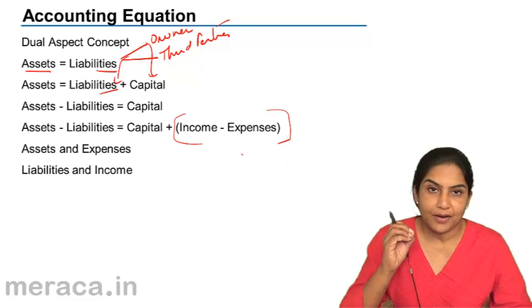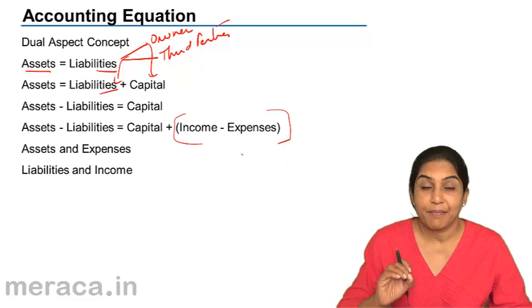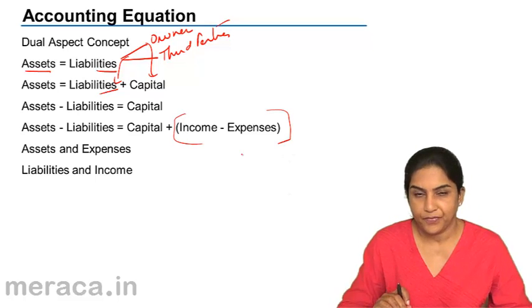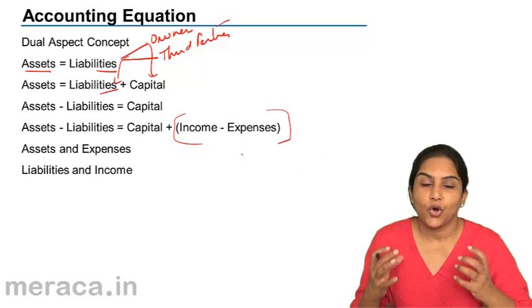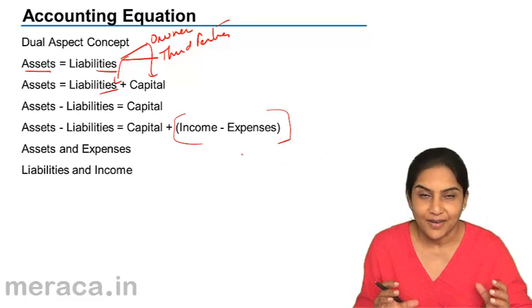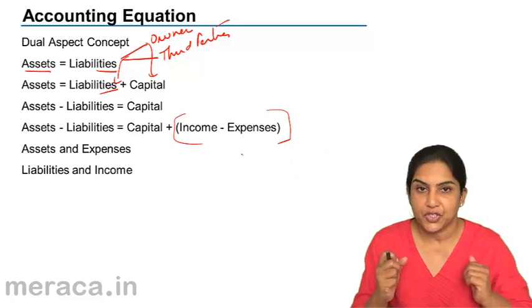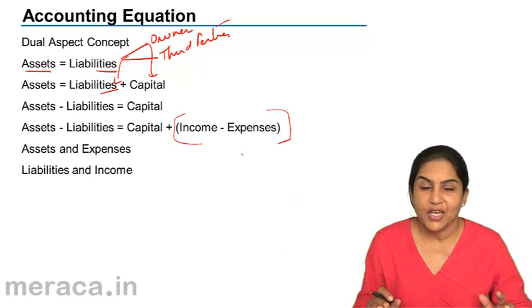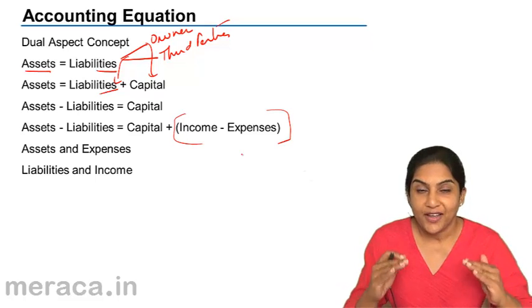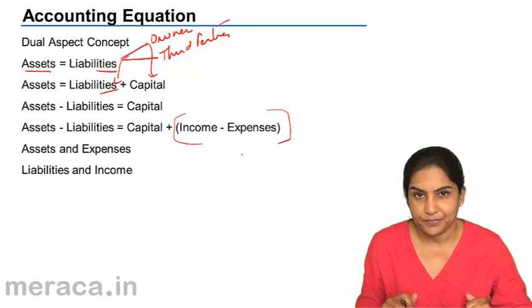When a business makes profits, that profit actually belongs to the owner. The owner is the person who has started the business. All the profits go to the owner, and if the business makes losses, it is the owner's share that is going to come down.